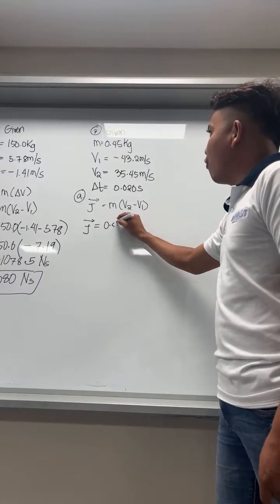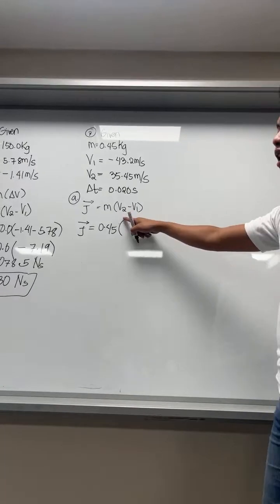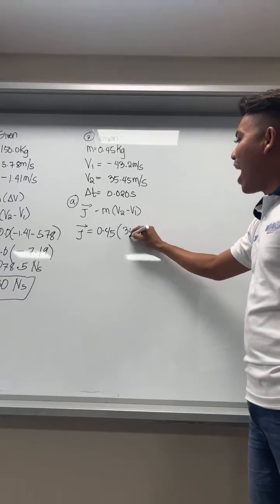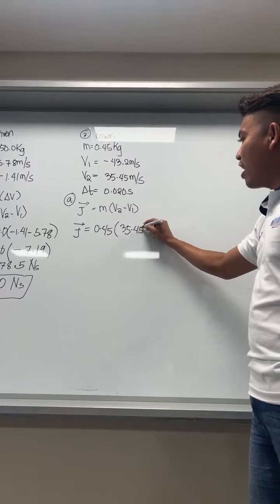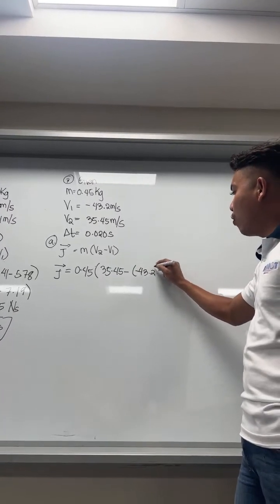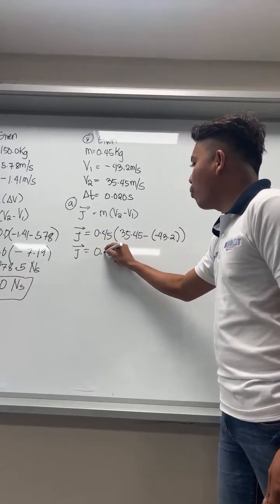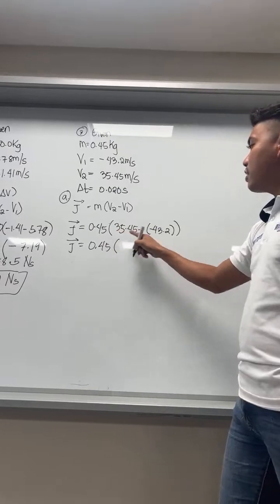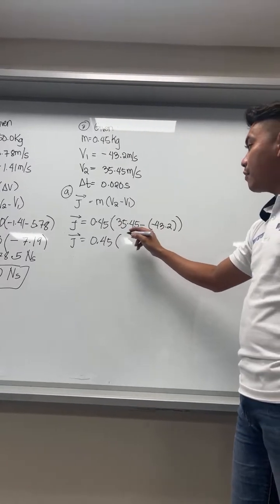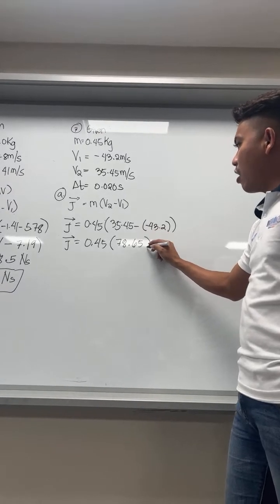The mass is 45 kilograms. The final velocity is 35.45 minus negative 43.2, which is equivalent to 78.65 times 0.45.